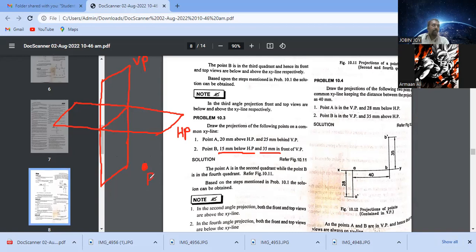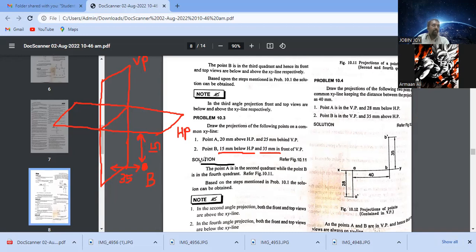What about this distance below HP? It's 15 mm. So this distance is 15 millimeter below HP. And this distance in front of VP is 35 millimeter. Then you have to draw the front view and top view.